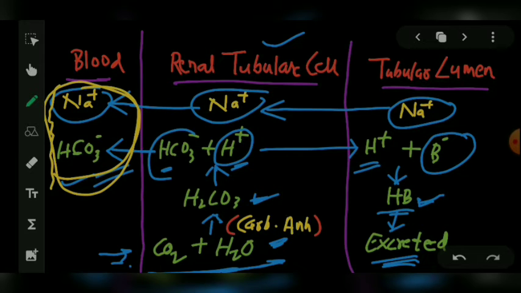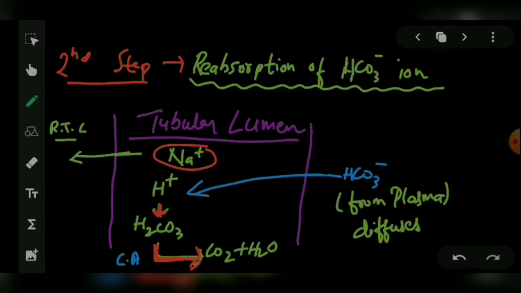Coming to the next, that is the second step, the reabsorption of bicarbonate ion. So how does it happen? Here we consider the tubular lumen part. The HCO3 minus ion from the plasma dissociates and diffuses into the tubular lumen.